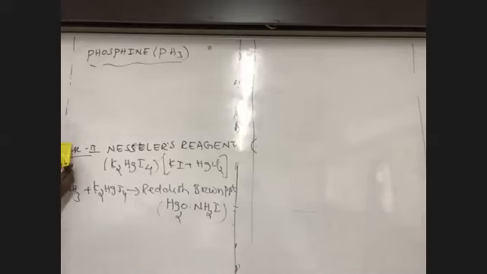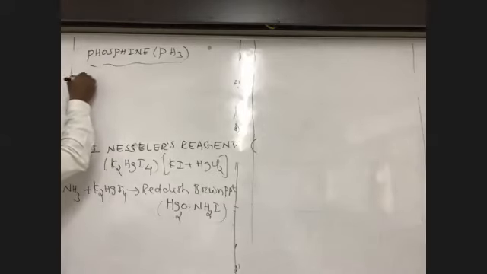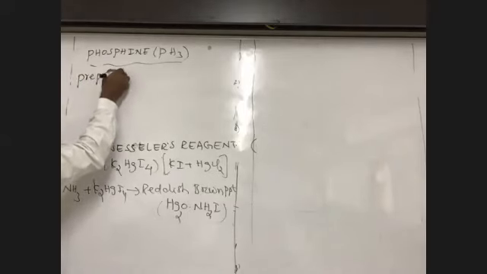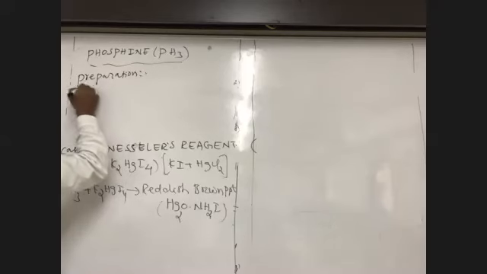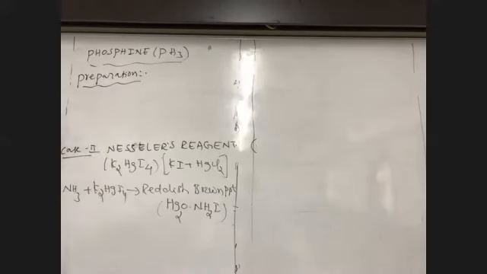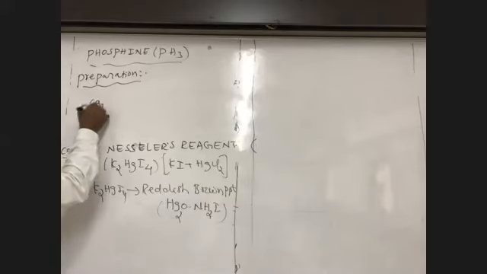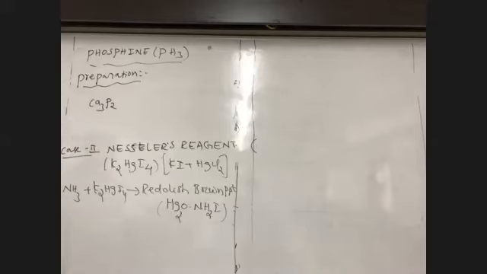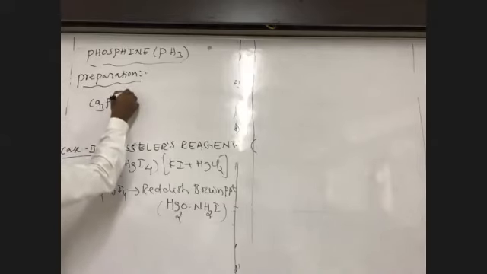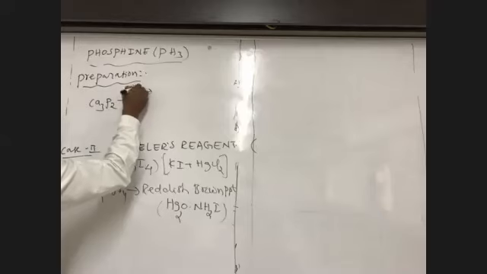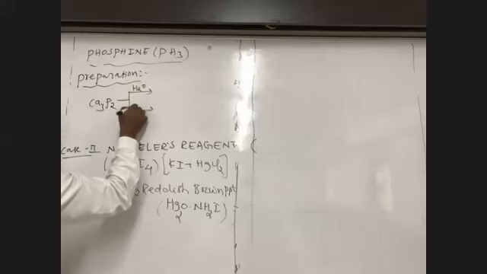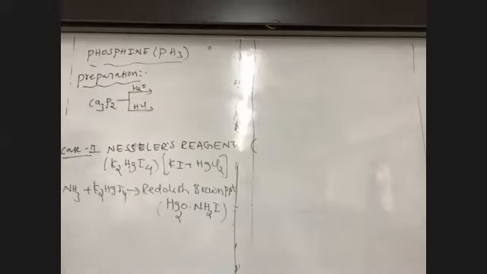The first one is the preparation method of phosphine. Phosphine can be prepared from any metal phosphide, having the formula like Ca3P2, calcium phosphide, which undergoes hydrolysis or reacts with dilute acid.